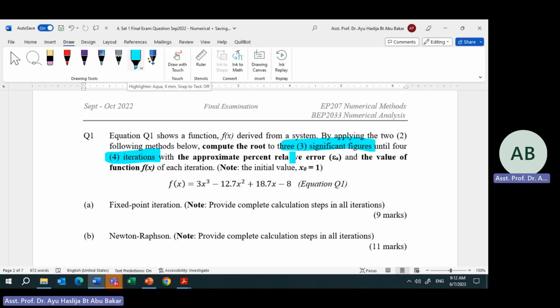Here the question already gives you the stopping criterion: 4 iterations, but using 3 significant figures, not decimal point. With the approximate error EA and the value of function f(x) of each iteration. Initial value 1. So this is the equation that you need to use. Find using fixed point iteration.